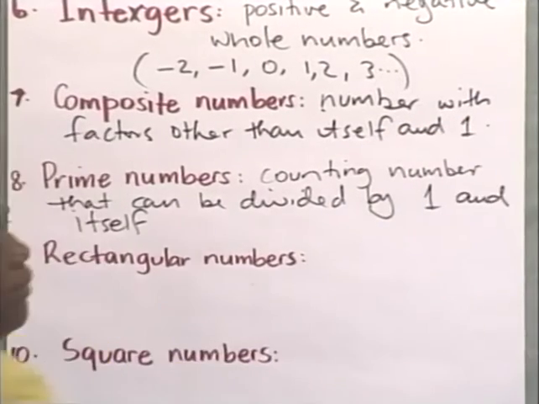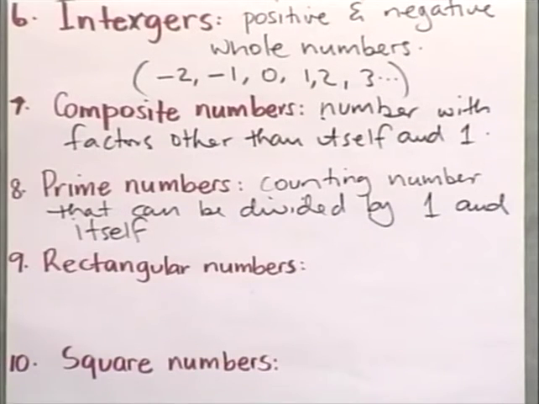So all numbers that are not prime numbers are composite numbers because those numbers will have more factors than that particular number and 1.